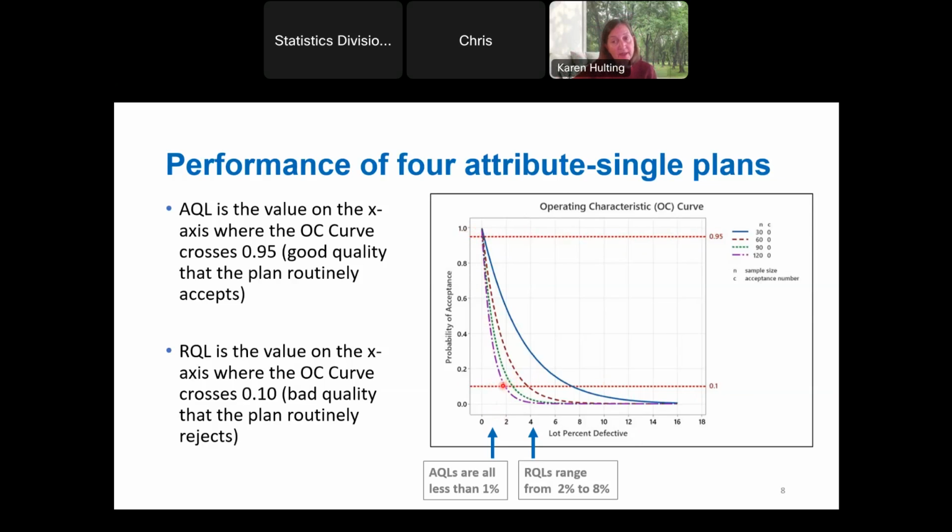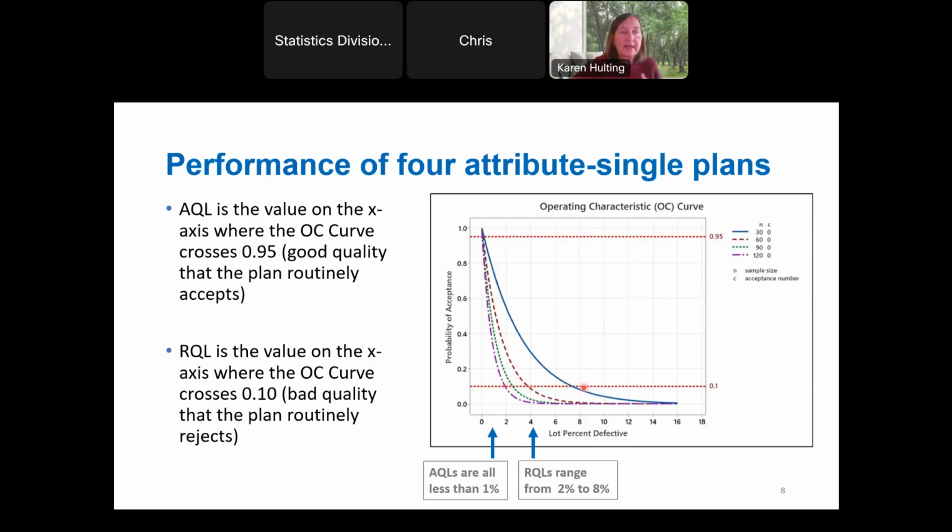Now the RQL is what's so different. The smallest sample has an RQL out here, closing in on 8%, it's probably 7 point something. As the sample size gets larger, then that RQL gets smaller, which means those larger sample sizes are more protective. Right?